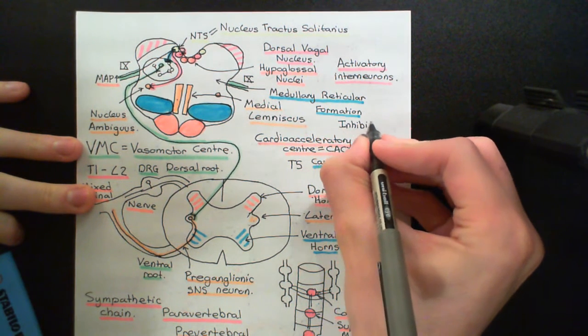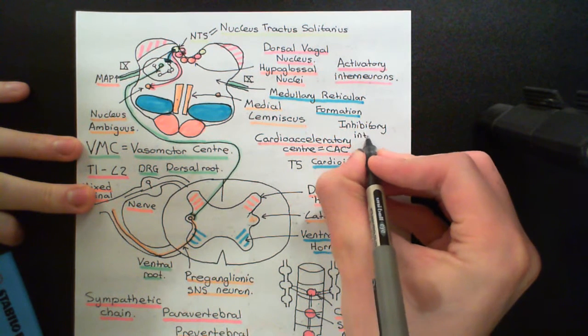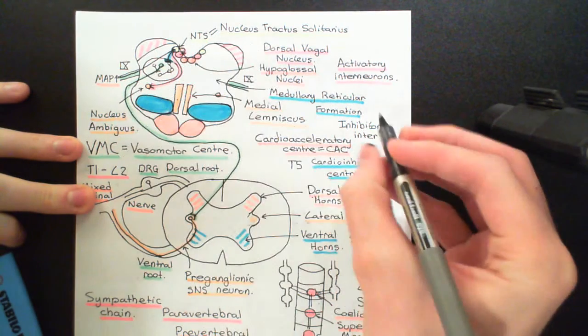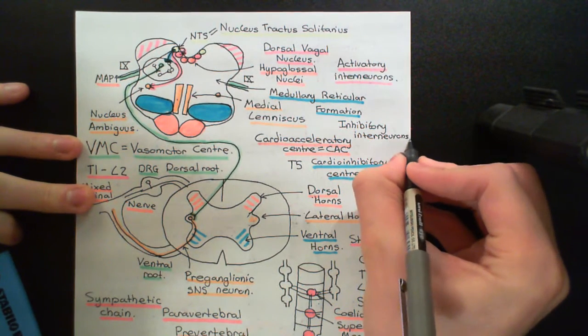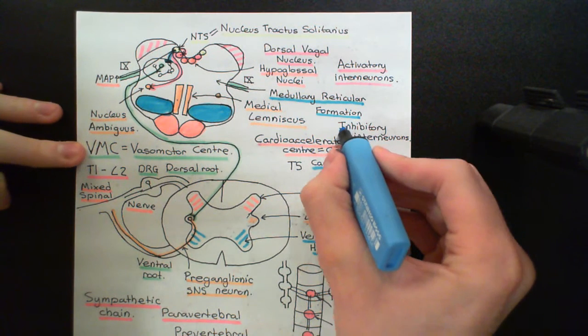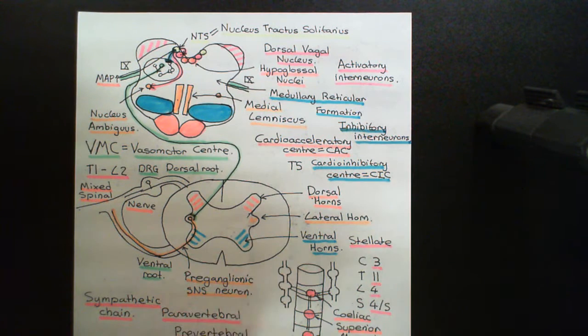Okay, so these are now going to be activated to fire at a higher rate because of the increased action potentials coming in from the central process of the baroreceptive afferents. So the inhibitory interneurons are now going to be firing at a higher rate, and that means they're going to be delivering more inhibition onto the neurons in the Cardioacceleratory Centre and also the vasomotor centre.